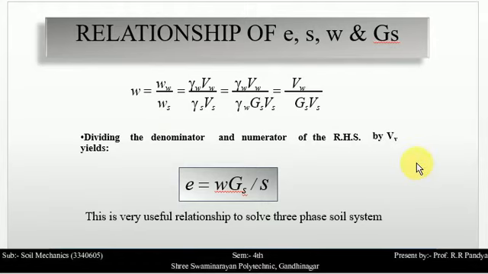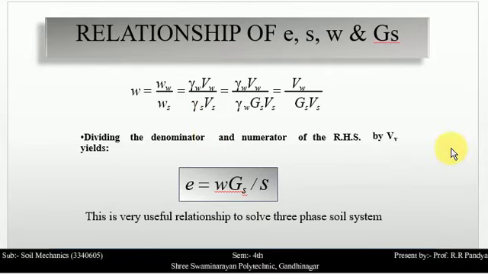We know that density is equal to weight by volume. So the weight is denoted by density into volume. So we can directly take the weight of water is equal to density of water into volume of water. Similarly, the weight of solid is denoted by density of solids into volume of solid.